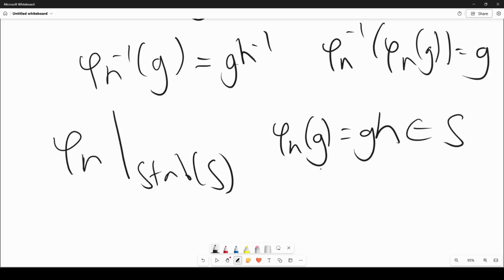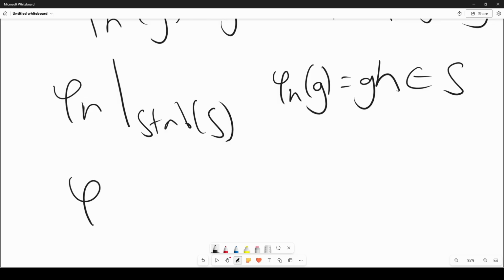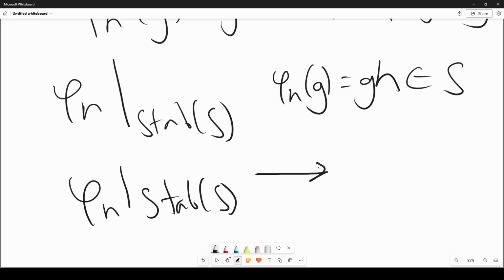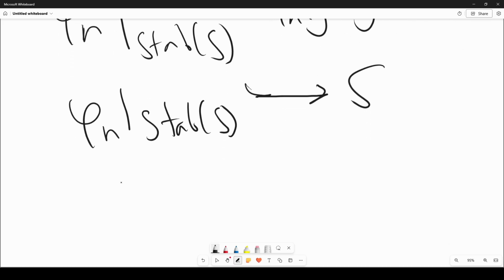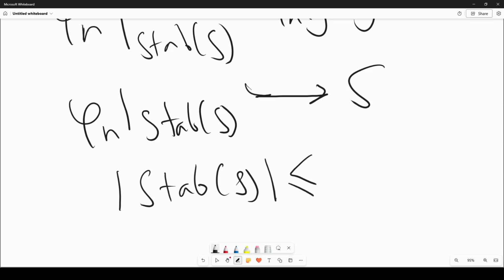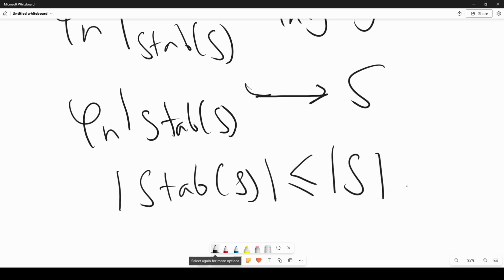Otherwise, it wouldn't be a stabilizer. Which means that phi sub h restricted to the stabilizer of S is an injection into S. But by definition, this means that the size of the stabilizer of S has to be less than or equal to the size of S. We know by definition that the size of S is equal to p to the m, which is exactly what we wanted.